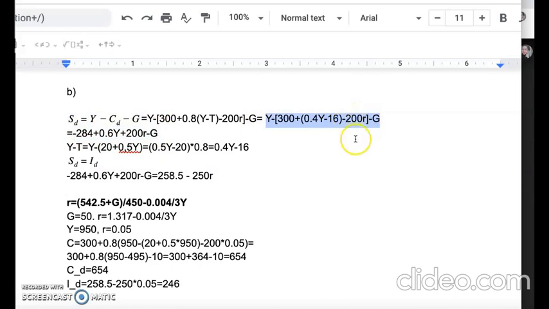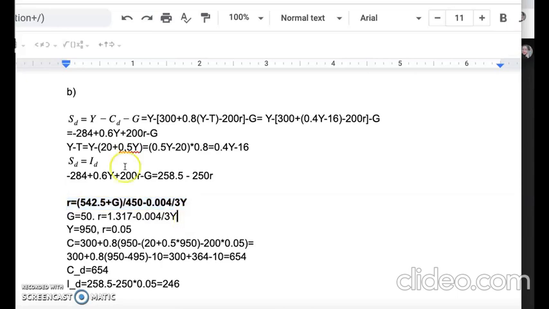We just simplify it, and we will get at the end this equation. This is the desired savings. So we just replace it here, and we equate it to the desired investment equation. After the simplification and gathering all interest rates on the left side and other values on the right side, we will have this kind of equation.